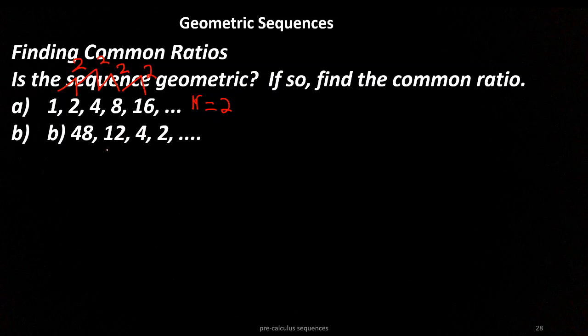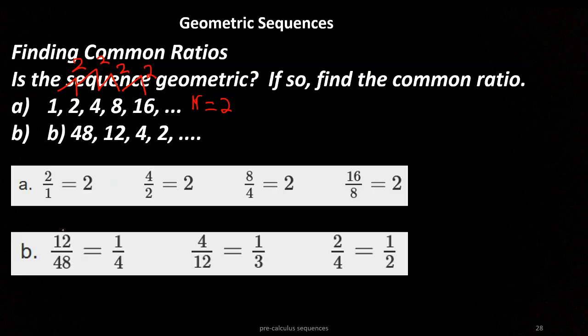And what about here? Well, if you divide, you see that this one is not, because 12 divided by 48 is 1/4. 4 divided by 12 is 1/3. 2 divided by 4 is 1/2. So we don't have the same common ratio. And ratio could be a fraction, it could be a negative number, right?